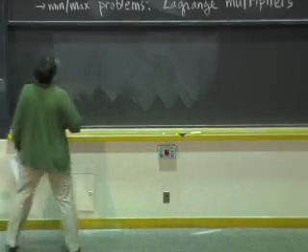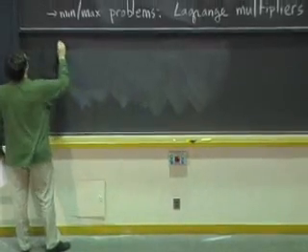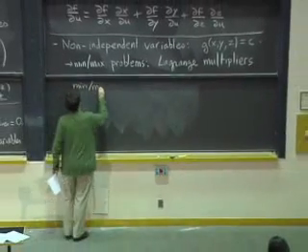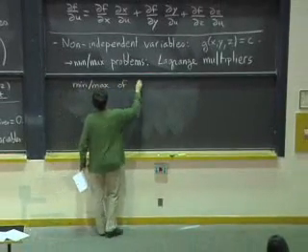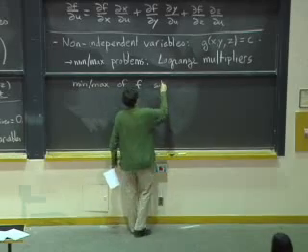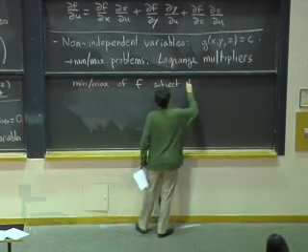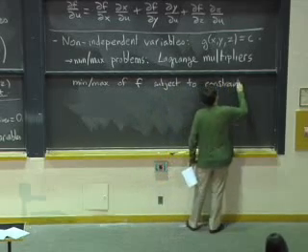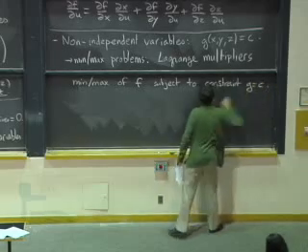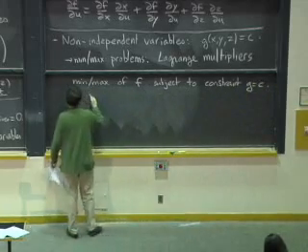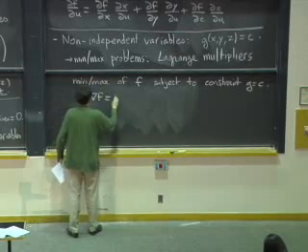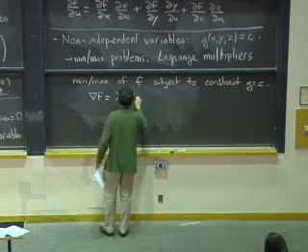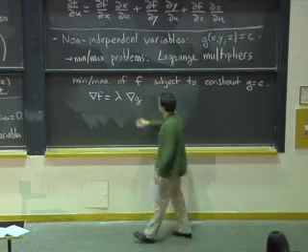So remember, to find the minimum or maximum of a function f subject to the constraint g equals constant, we write down equations that say that the gradient of f is proportional to the gradient of g.